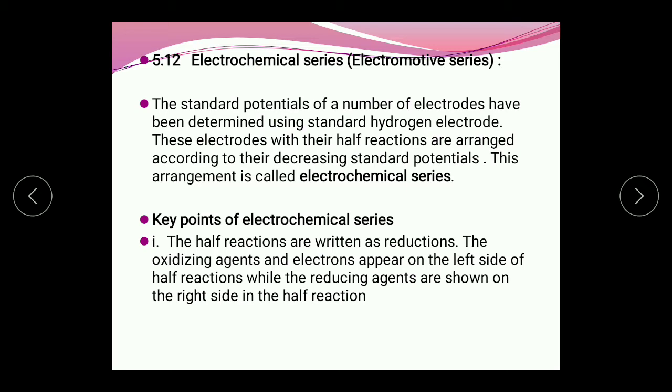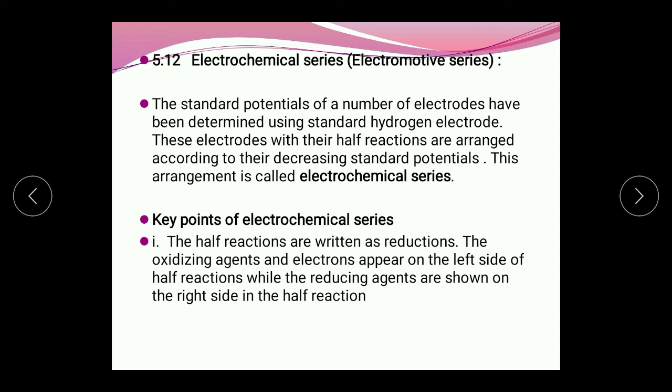That means in case of metals, the cations of metals are taken and converted into neutral metal atoms by gaining electrons. And in case of non-metals, those have a natural tendency to undergo reduction. Hence, all the non-metals accept electrons and get converted into anions. So, the pattern is fixed. That means all the reactions are written according to their reduction, as if they undergo reduction.